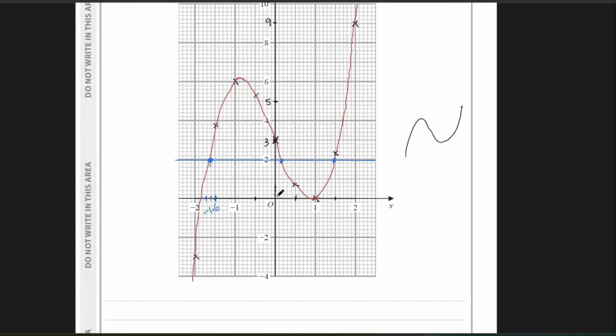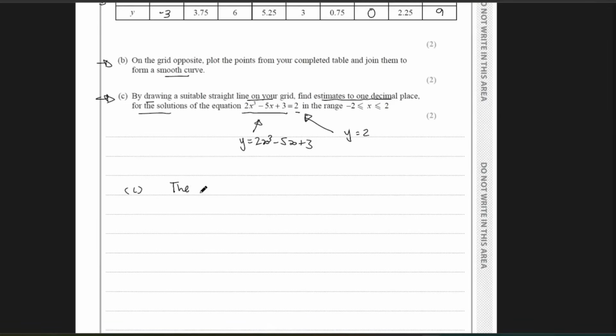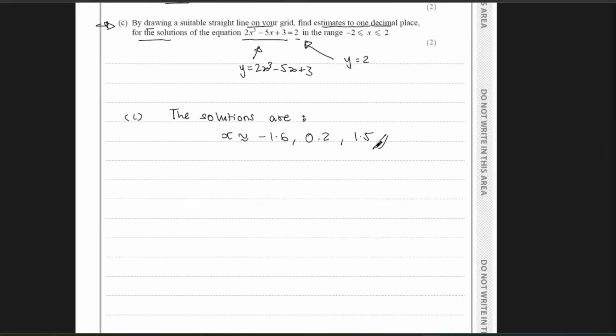The next one is here, and this is between 0.1 and 0.2. Let's go with 0.2 for this one. And the last point is at 1.5, roughly. So the 3 solutions would be -1.6, 0.2, and 1.5. So for question C, the solutions are approximately -1.6, 0.2, and 1.5.